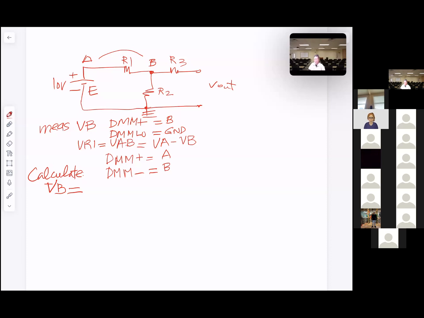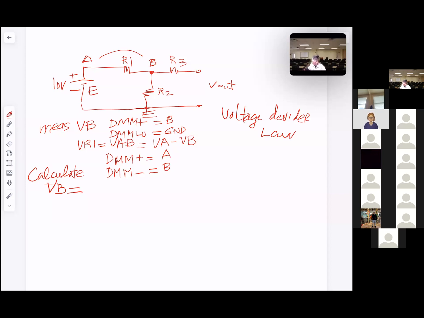Now, I want you to use what I call the voltage divider law. Okay, voltage divider law.